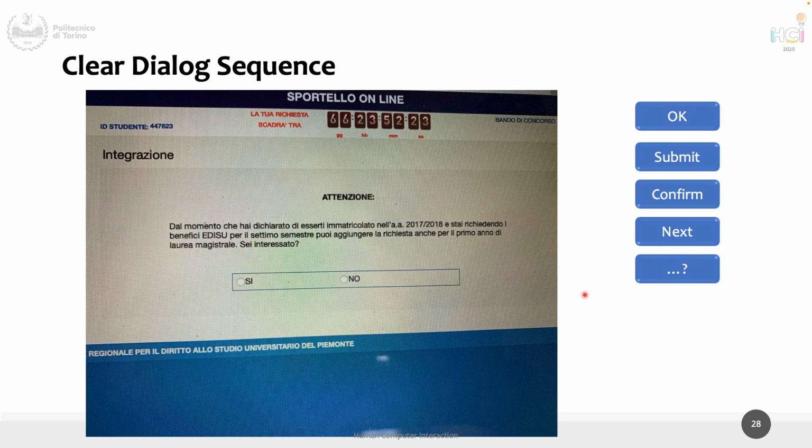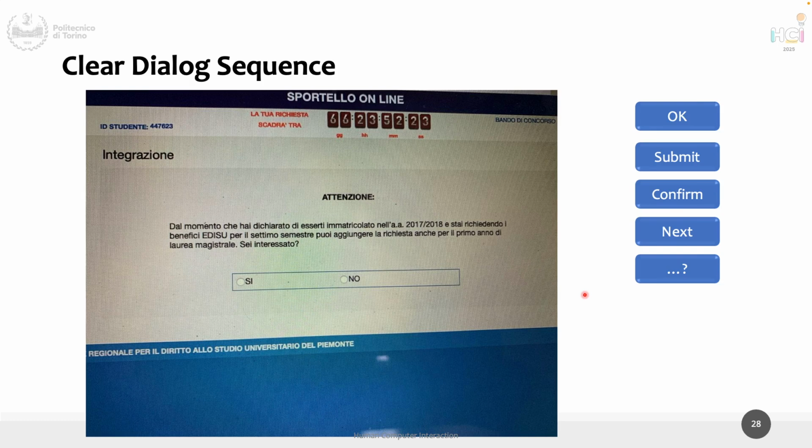So here is an example of a benefit from Ediso for students, where there is not a clear dialog sequence. What's the problem here? The text says you are enrolled in academic year 2017-2018, and you are asking for the Ediso benefit for the 70th semester.